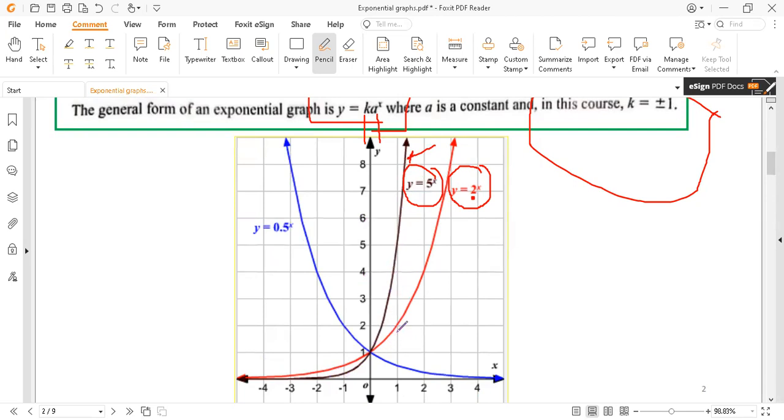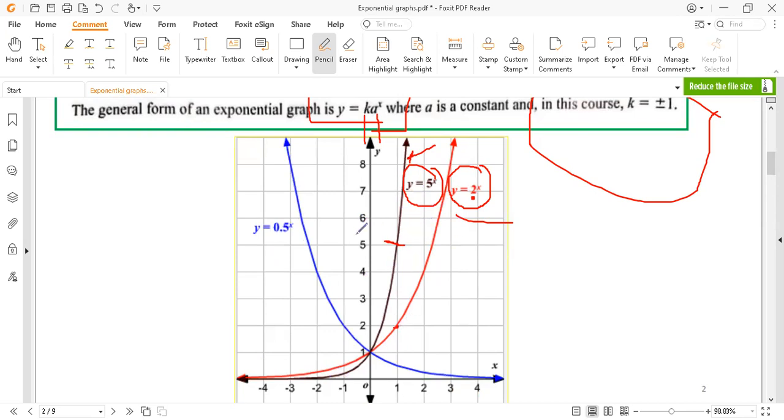For example, for x equal to 1, we have 2 as the image when y equal to 2 power x, whereas we have 5 as the image when y equal to 5 power x. So y becomes bigger rapidly.